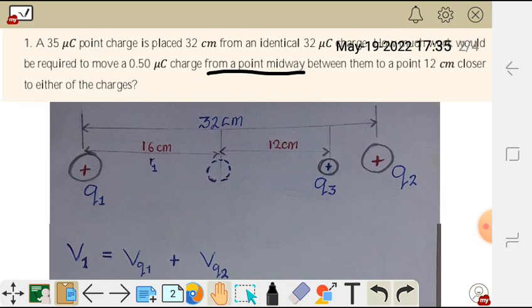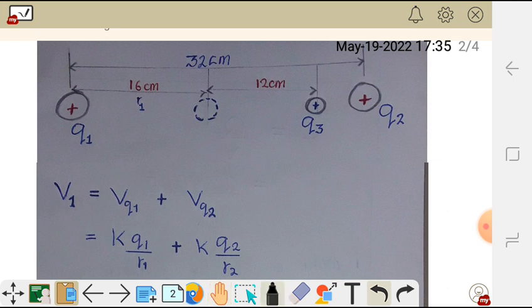Let's say it is V1, and the potential where the charge ends up will be V2. So V1 will be the potential due to Q1, VQ1, plus the potential due to Q2, VQ2.